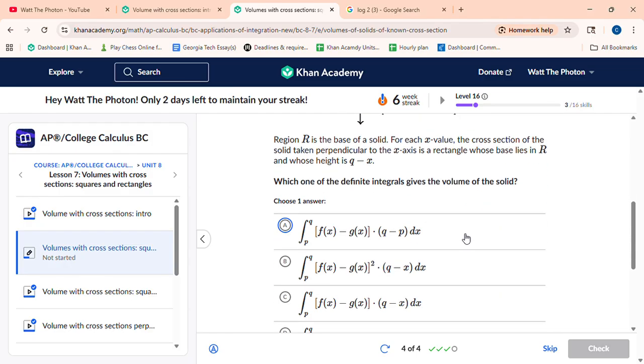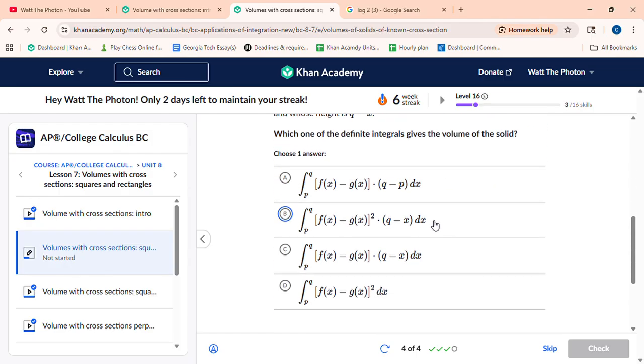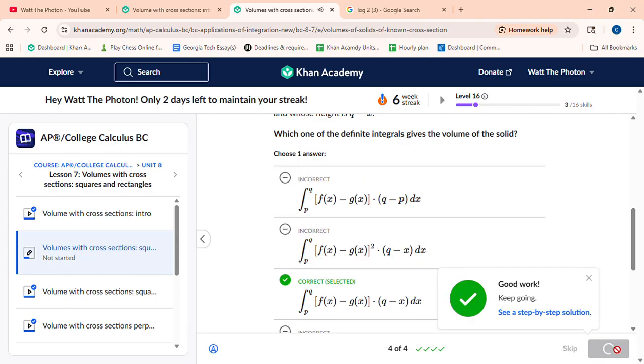There we go. From p to q, q minus x, it's not going to be squared. This is a rectangle. Yay.